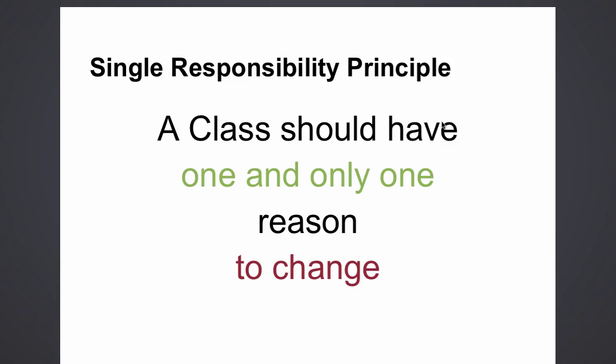The first one of the SOLID principles is something called the single responsibility principle. That basically means a class should have only one reason to change. Basically, the summary of this is that anything should have one responsibility. I really extend this principle to a lot of things, not just classes, but packages, and even further to a project, to anything.